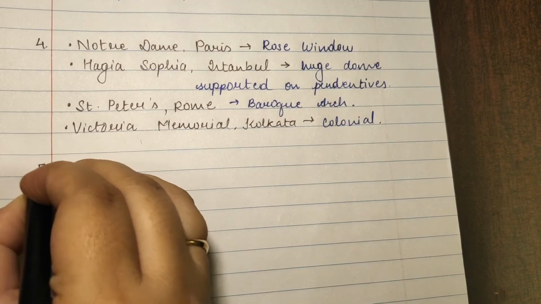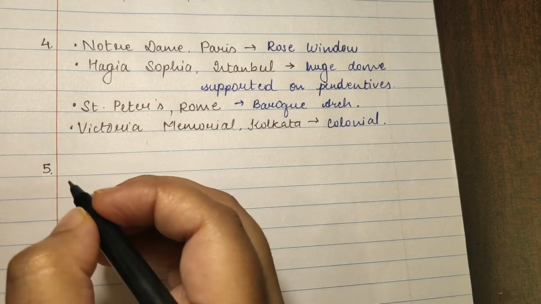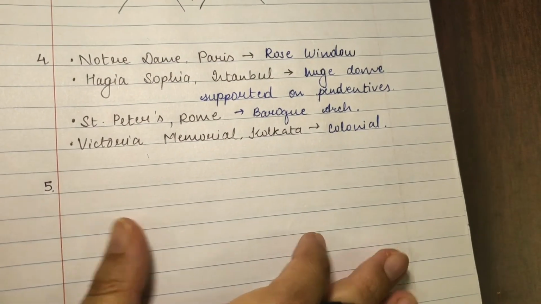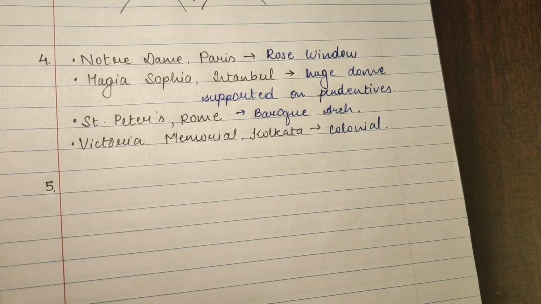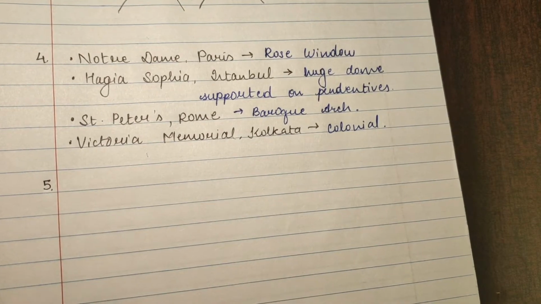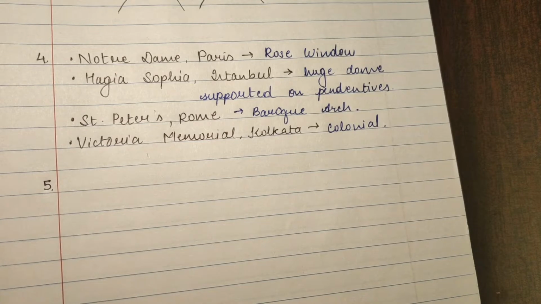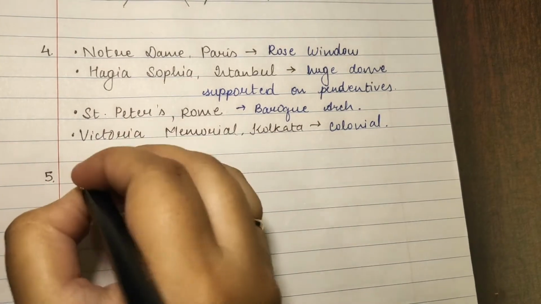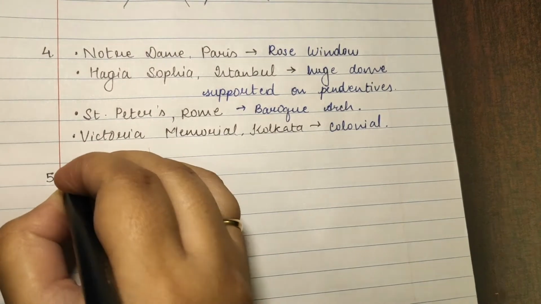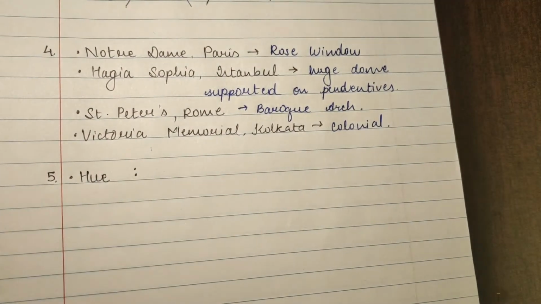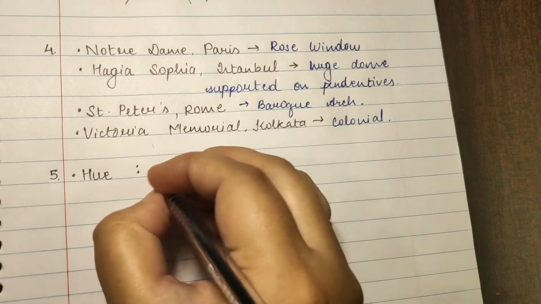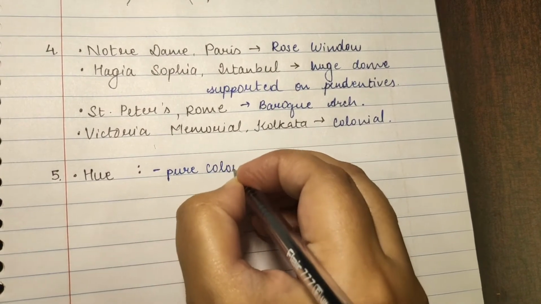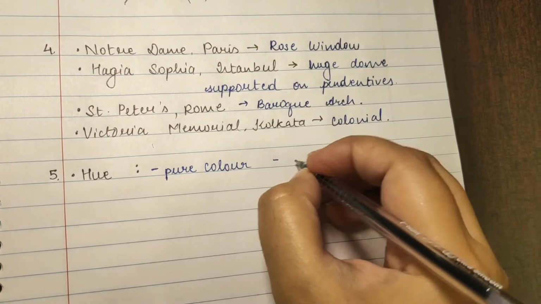Question number 5 asks, purity of color is described by what? So for this I will basically explain all the color related elements that we have, so that in one place you can just know about every single thing. So I'll just write the elements and their definition. So first we have hue. So hue basically defines pure color, and by this I mean that it defines it by the color names.